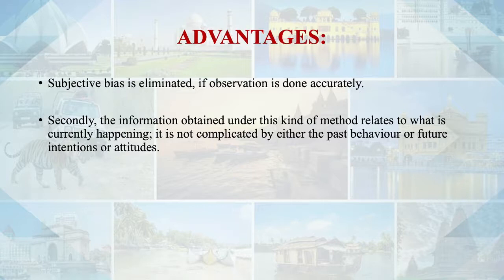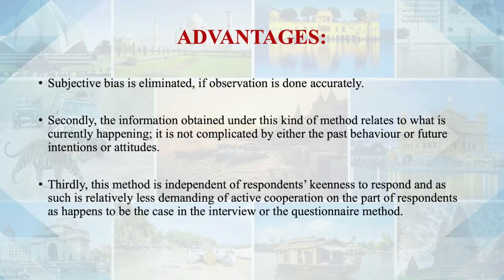It is not complicated by either the past behavior or future intentions or attitudes. Thirdly, this method is independent of respondents' keenness to respond and as such is relatively less demanding of active cooperation on the part of respondents as happens to be the case in the interview or the questionnaire method.